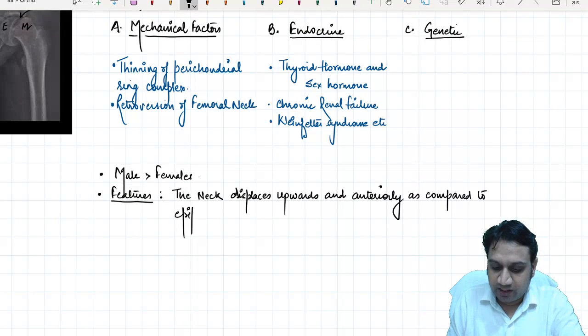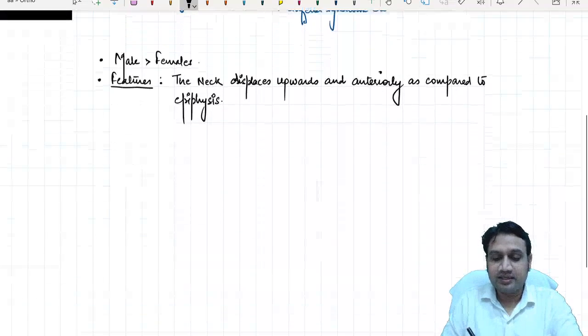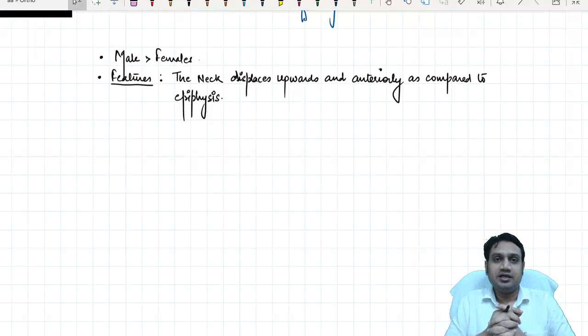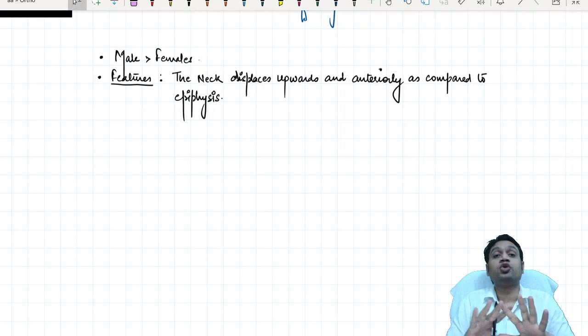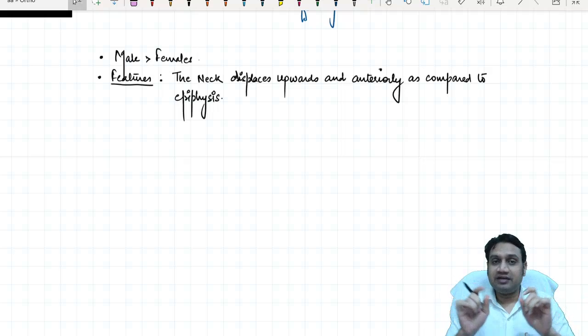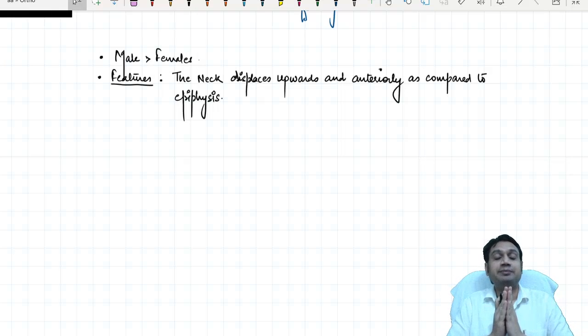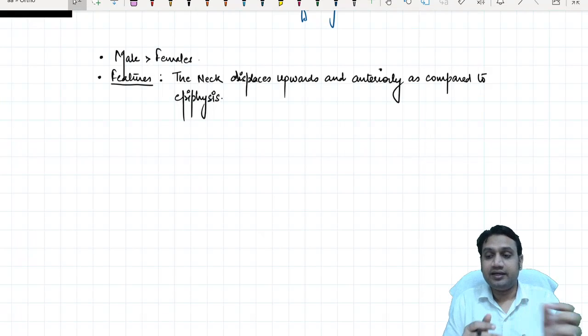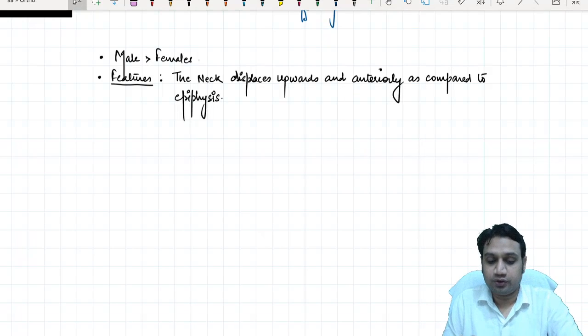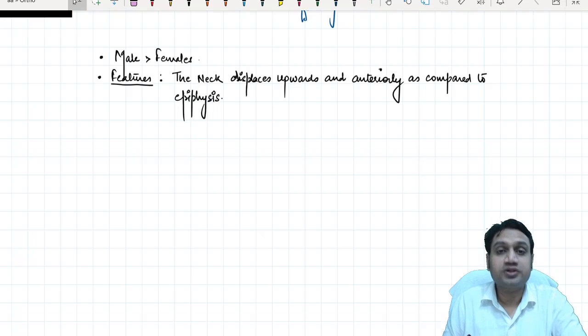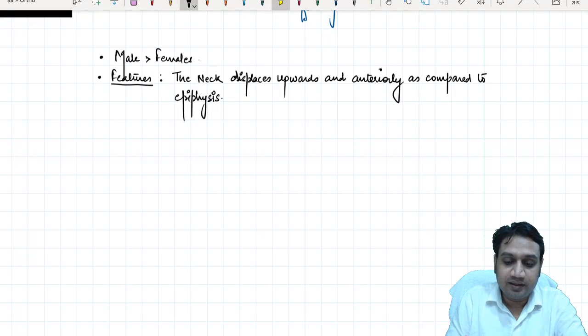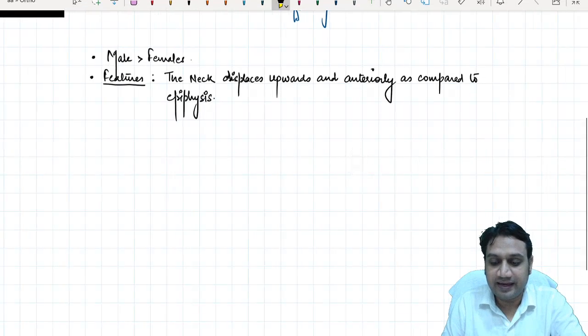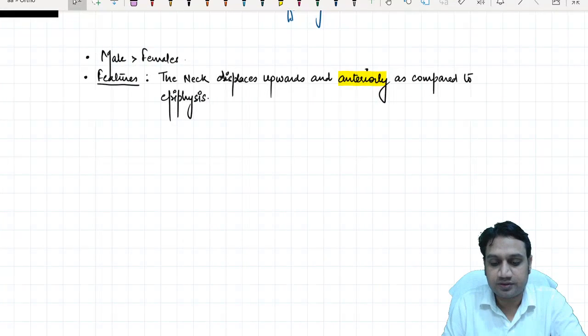Now if in your exam they ask the question, what is the direction of slip of the epiphysis, you have to simply say there is no slip of the epiphysis. But if they ask what is the position of the epiphysis in SCFE, then according to the line we have written, the neck, the rest of the bone, is moving anteriorly and upwards.